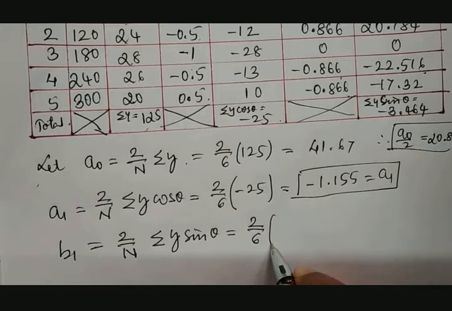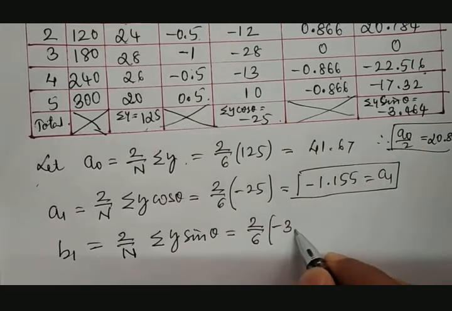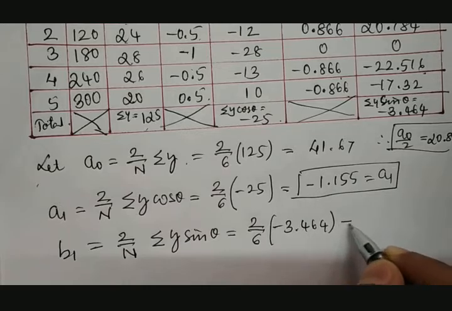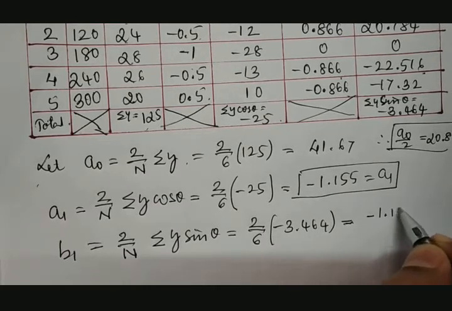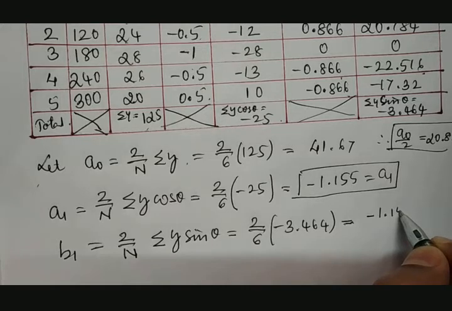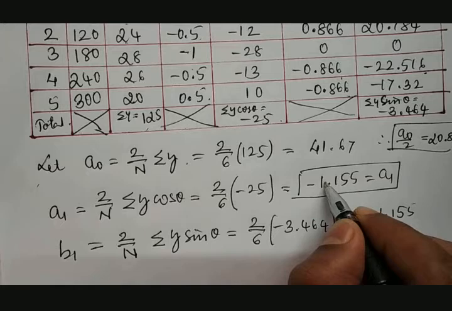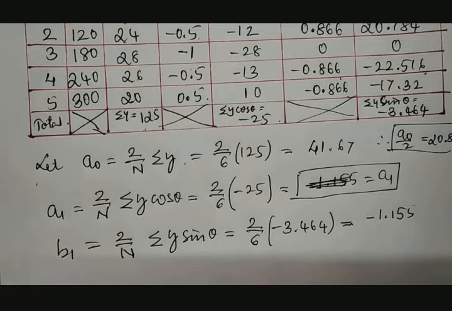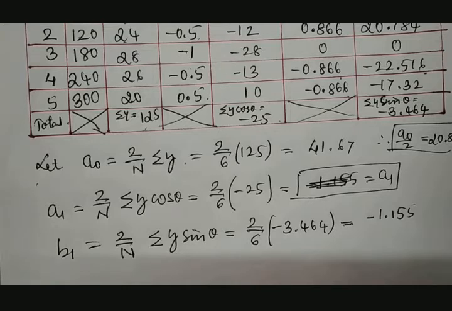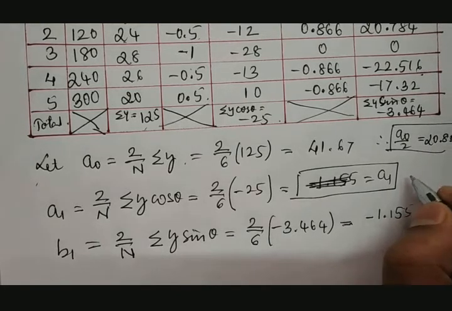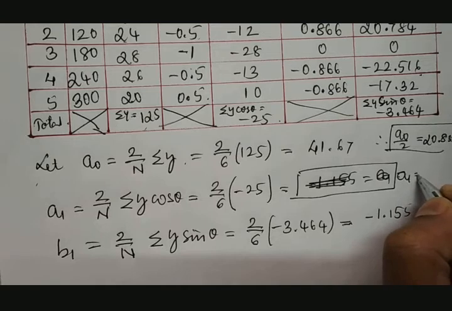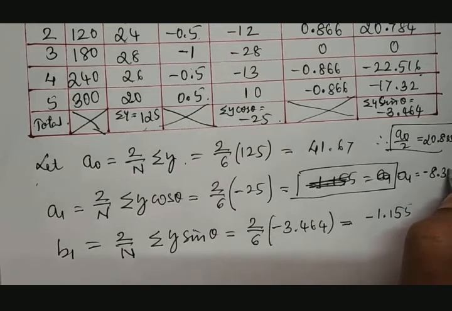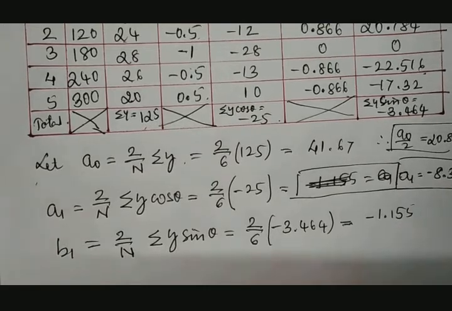That is 2 divided by 6 into minus 3.464, which is equal to minus 1.155. Just let me recalculate a1: 2 divided by 6 into minus 25, so a1 is equal to minus 8.333.